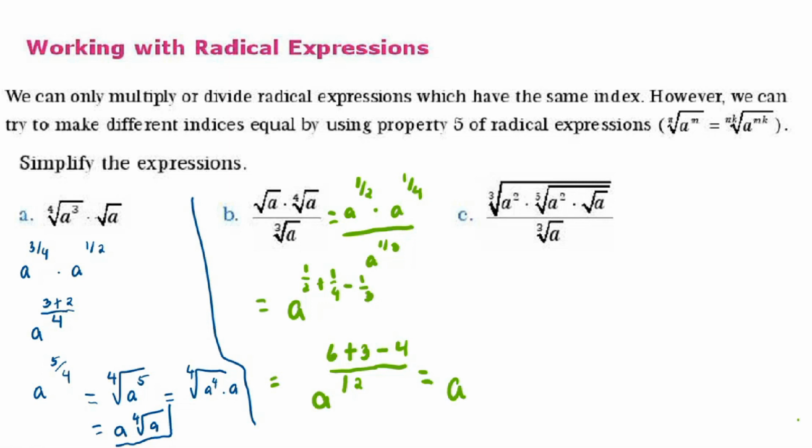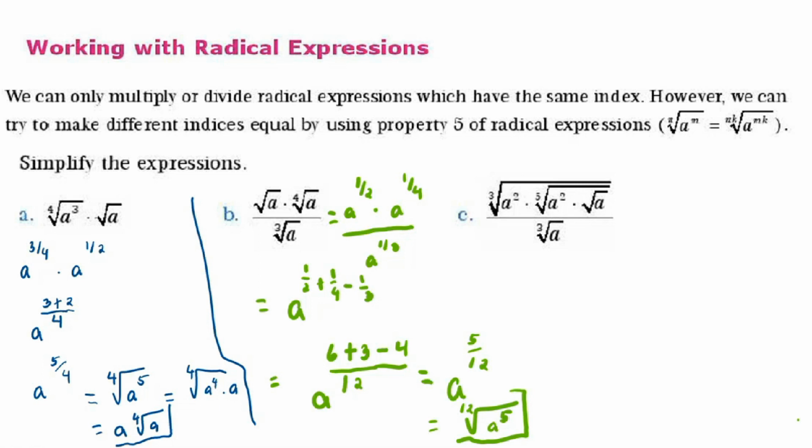So therefore, we have a to the power of 5 over 12, or this can be written now as the 12th root of a raised to 5. So this answer is in the simplest form because the exponent is smaller compared to the value of n, or the index.